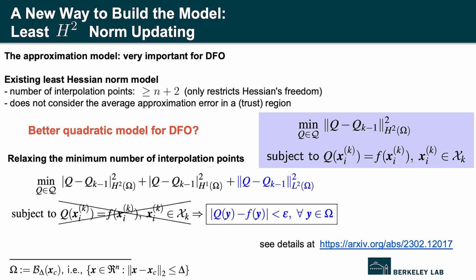Basically, we are trying to change to a better objective function in the subproblem of obtaining the model. The motivation is that the existing least Hessian norm model does not consider the average approximation error in a region or trust region. So we are trying to relax the minimum number of interpolation points by relaxing the interpolation constraints shown here.